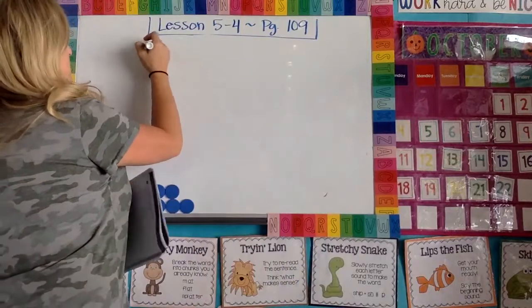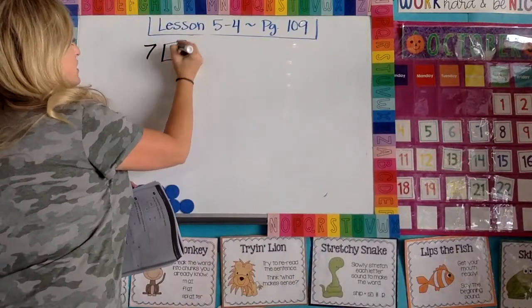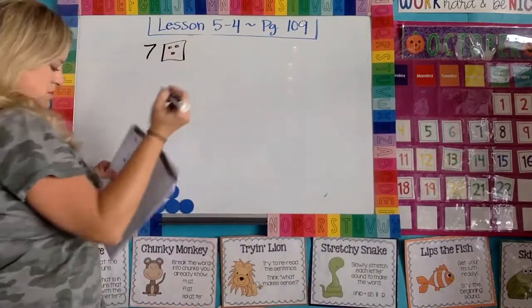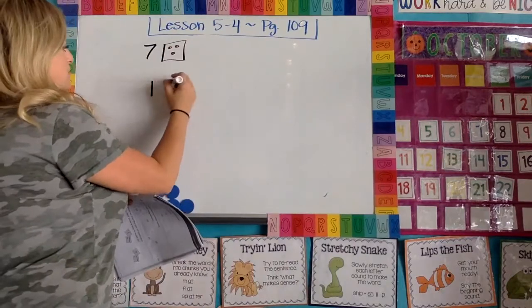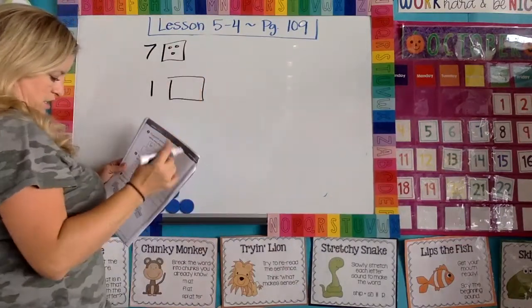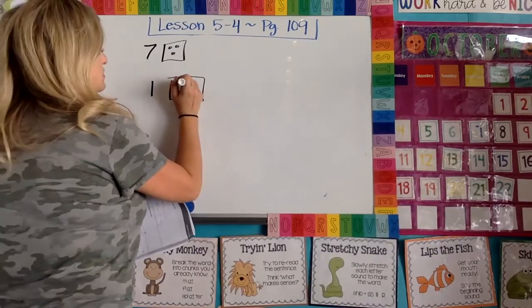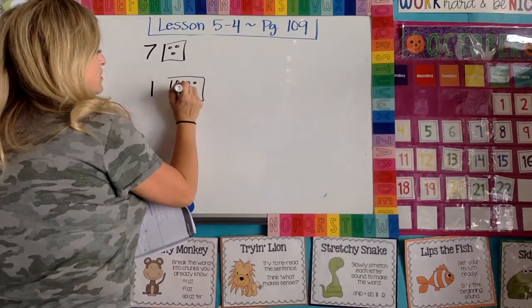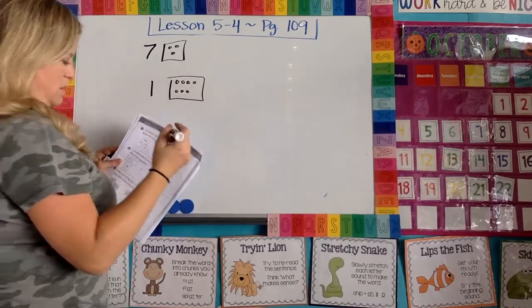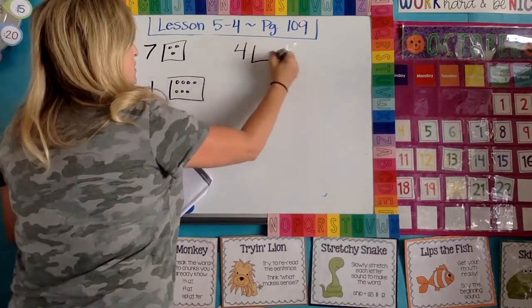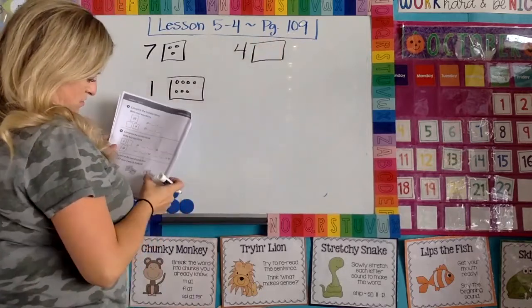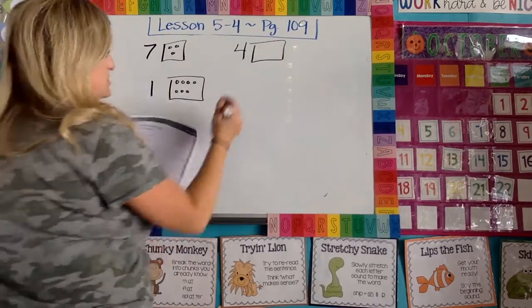So here I have 7 and a card that has 3 dots. And then I have a 1 and a card that has 1, 2, 3, 4, 5, 6, 7 dots. And then I have a 4 and 1, 2, 3, 4, 6.